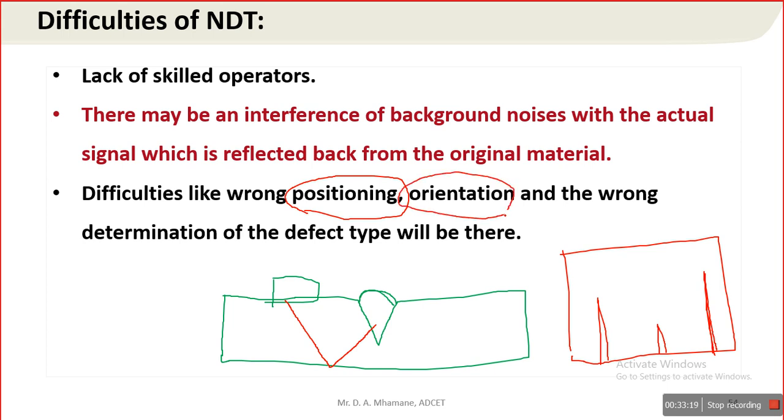So we need to check whether we are inspecting in a wrong way or not. We need to check this procedure before doing actual scanning. We need to take a proper position before scanning, that is position of the transducer and orientation. These two are very important. If these two are not right, then wrong determination of defect may occur.